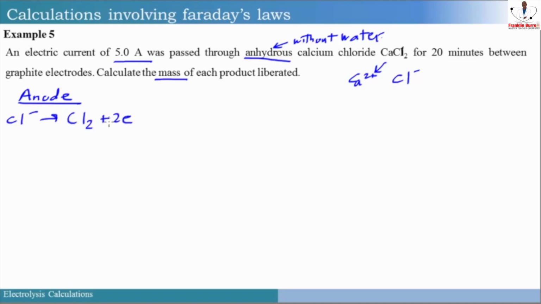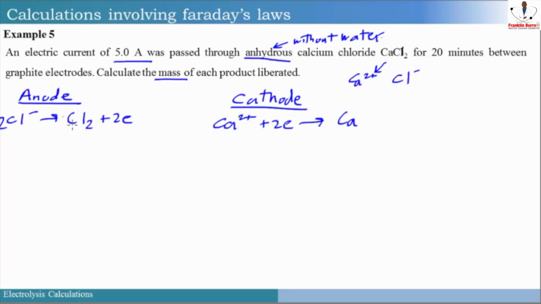So this would be the equation that takes place at the anode. At the cathode, Ca2+ being positive would migrate towards the negative electrode. And so calcium ion would be reduced.